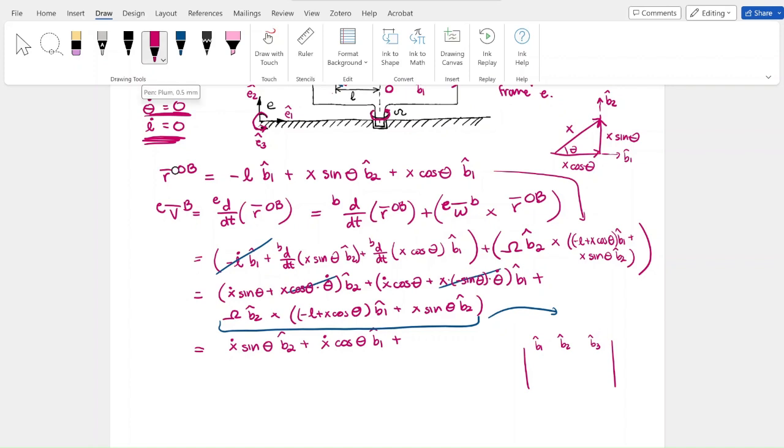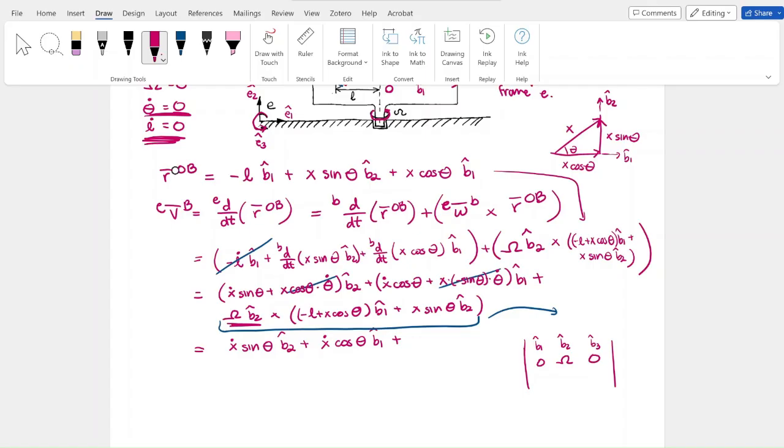So we basically put the first vector in determinant form. You put the unit vectors on the first row, and on the second row you have the first vector. The first vector is omega B2 hat, right? So you have 0, omega, 0.